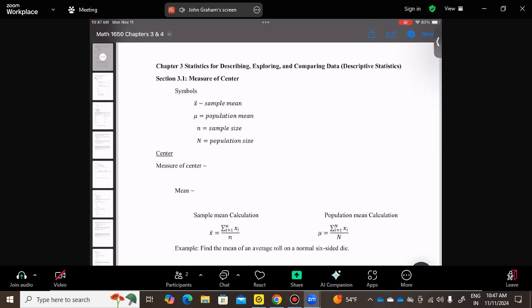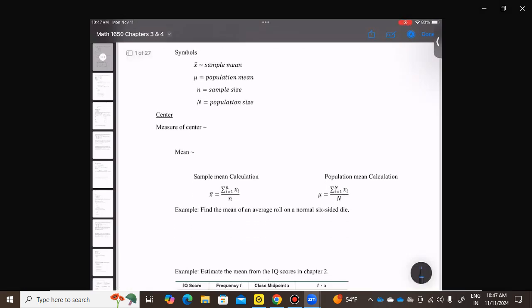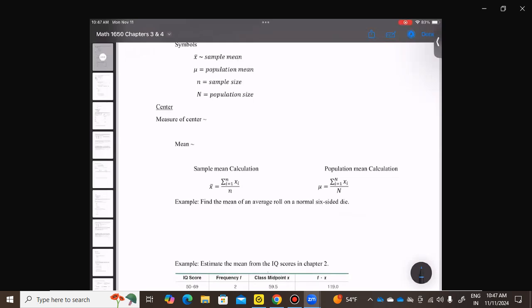Alright, so the measure of center. This is a measure that summarizes the central point of the data set.